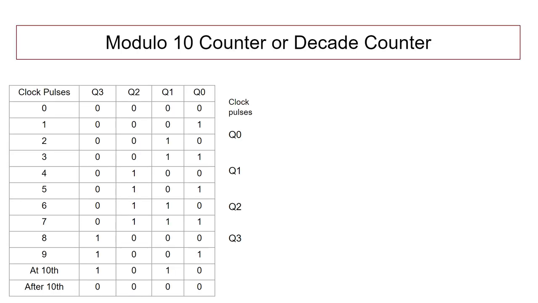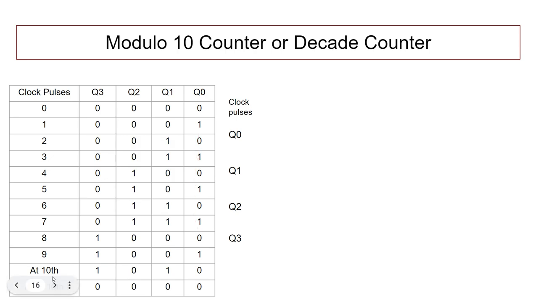So the most popular modulo n counter is the modulo 10 counter, which is used for counting 10 clock pulses, and which is otherwise also called a decade counter, in which the counter will only take 10 clock pulses as the input, therefore it will only produce 10 counts from 0 to 9.